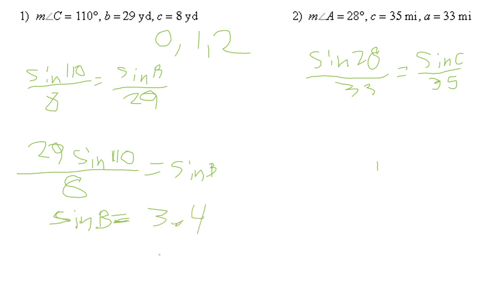We plug that in our calculator, or we see that's greater than 1, and there is no possible triangle, or 0 possible triangles. All right, so there's our answer, 0 for the first one, because it's impossible to have an angle here.